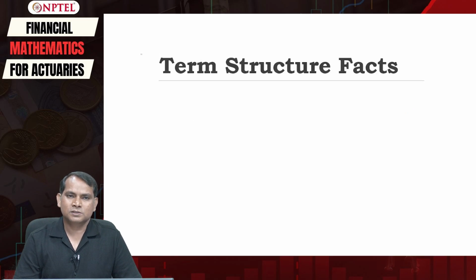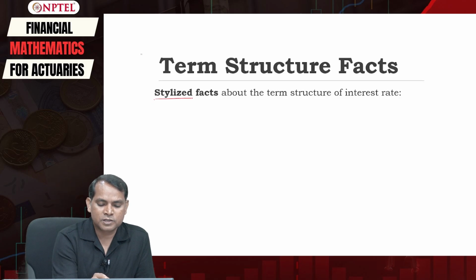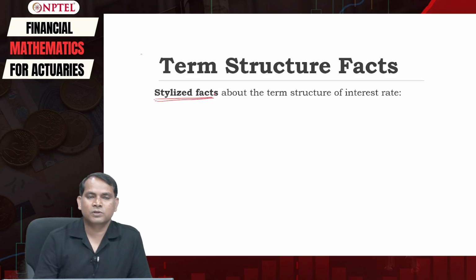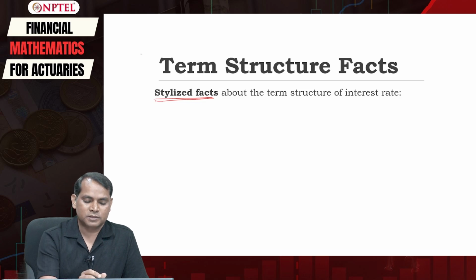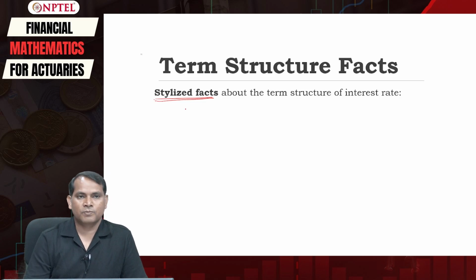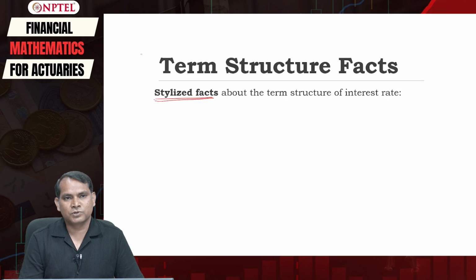Now what are the facts about the term structure? Let us understand what we mean by term structure facts, in which case let us understand the stylized facts about the term structure of interest rates. Remember, we are naming them stylized facts, meaning that the facts are not the actual facts, but these are data driven, data based, and you can sometimes disprove them, but these are the facts that are based on empirical observations.